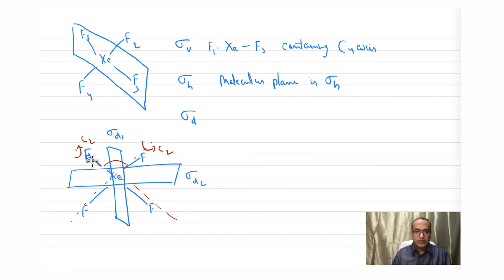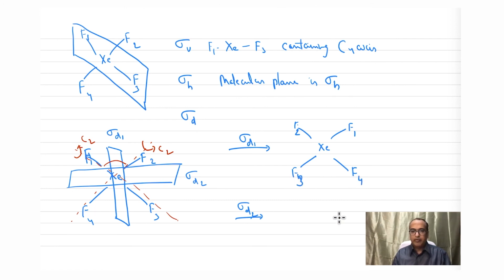Okay, so let us also try to do the operations. If we do an operation with sigma d1 and if we do an operation with sigma d2, what do we get? So we will get an equivalent configuration in both cases, but what will be the arrangement of the atoms? If we do sigma d1, F1 will be reflected with F2. So we'll have F2, F1 replaced and F3, F4 replaced. So this will be F3 and F4.